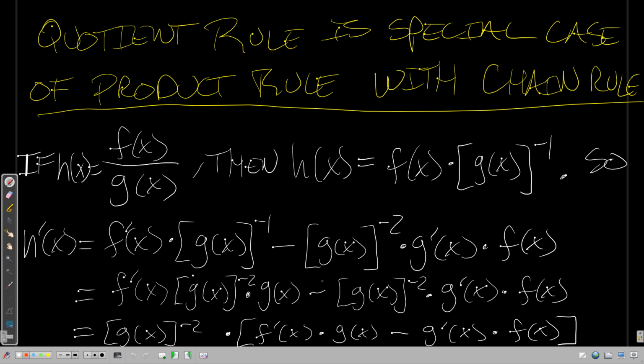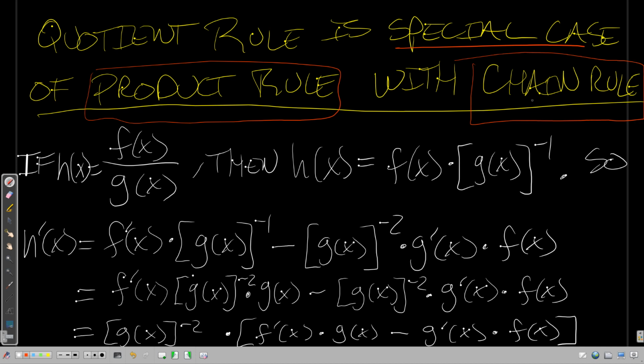Notice I haven't said the quotient rule is something that you need to know. You do need to know it, but maybe it's hard to remember. I like to make sure that we all know that the quotient rule is a special case of just the product rule together with the chain rule.